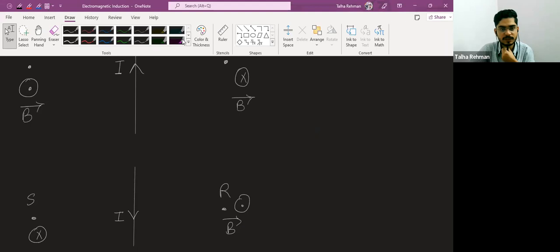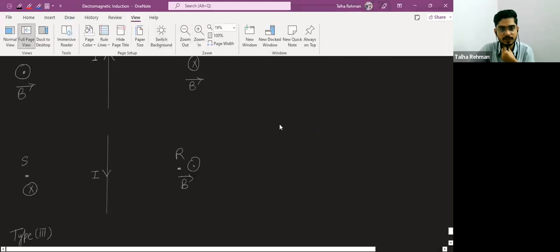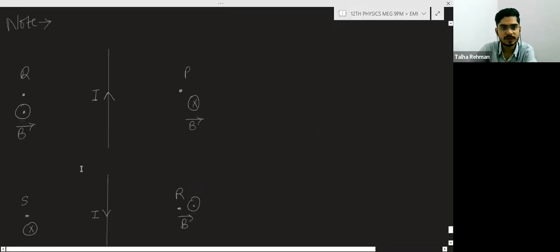First thing, here I have written: if the wire is carrying the current in this direction, the magnetic field at this point Q will be outwards, and at this point P, on the right hand side of the wire, will be inward.